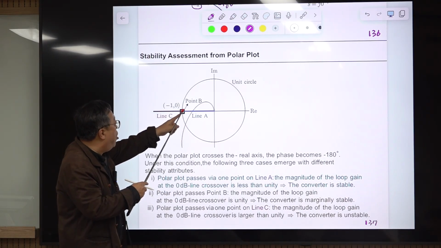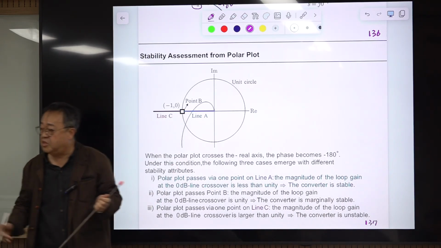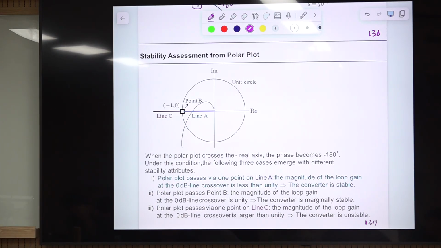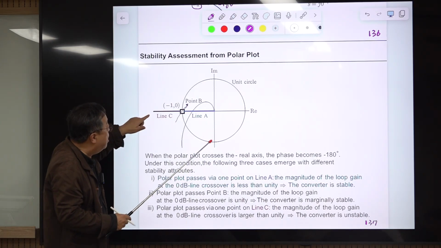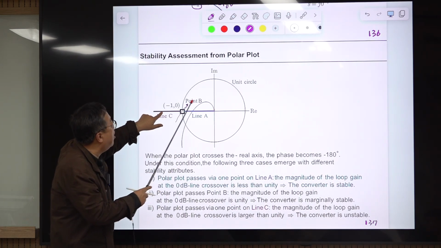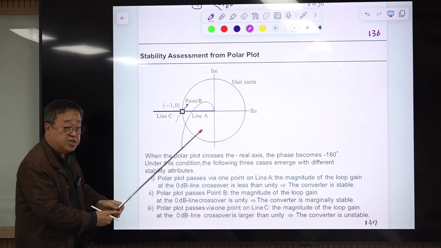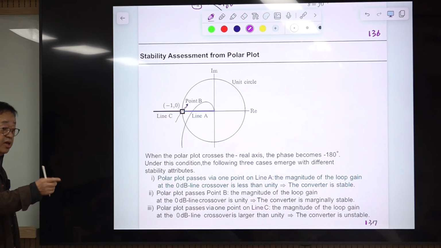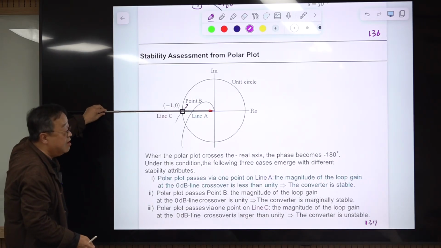If the magnitude at that point is exactly 1, then it passes the minus 1, 0 point, and the system is marginally stable. And at that frequency, when the phase is minus 180, if the magnitude of the polar plot is larger than 1, it goes this part, okay. Then the phase is minus 180 degrees, which is a negative real number, so it should pass this line, okay.